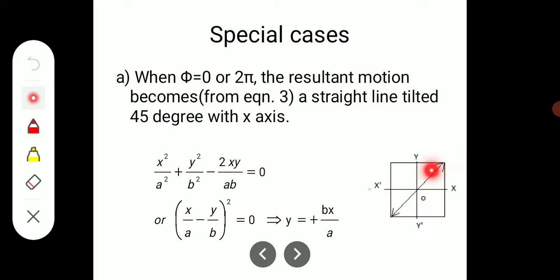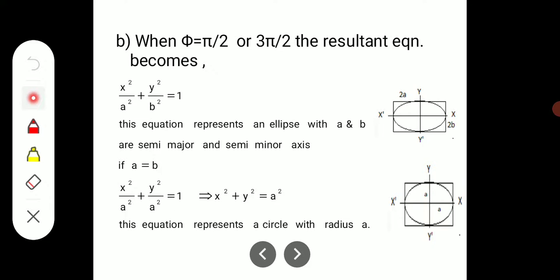From equation 3, if you substitute phi equal to 0, the equation becomes x square by a square plus y square by b square minus 2xy by ab is equal to 0. After simplification, we get y is equal to plus b by a into x. This b by a is considered as the slope.